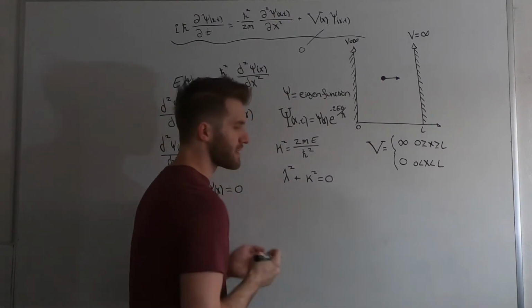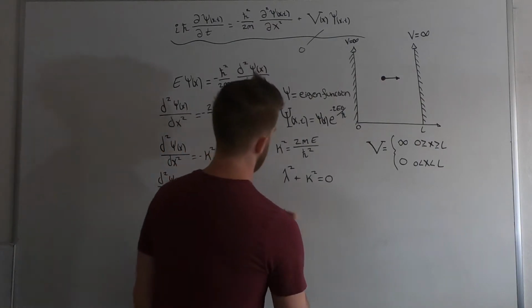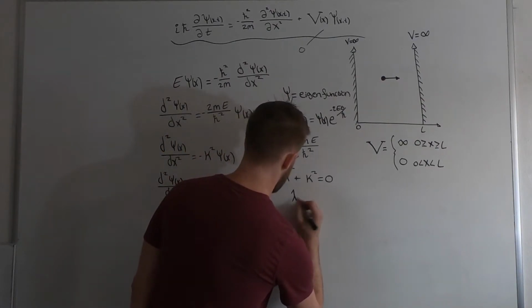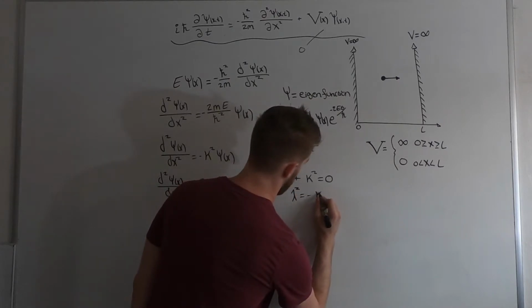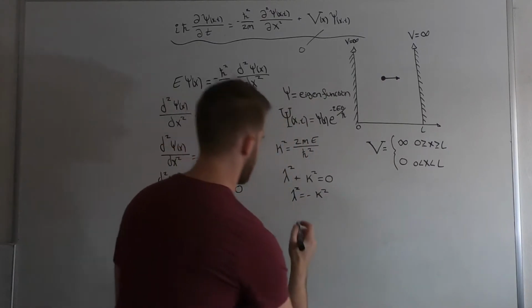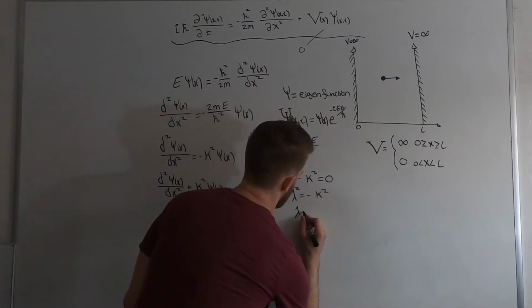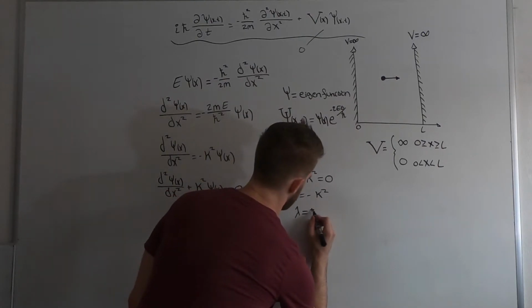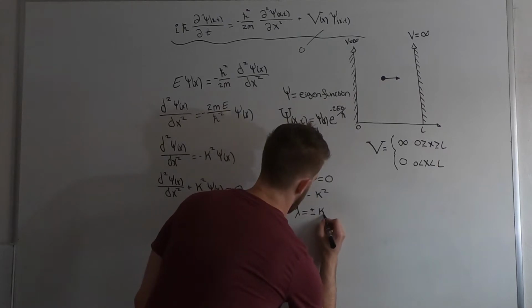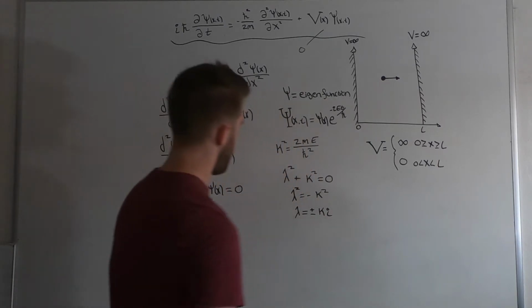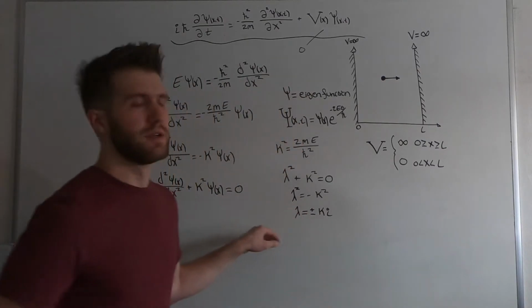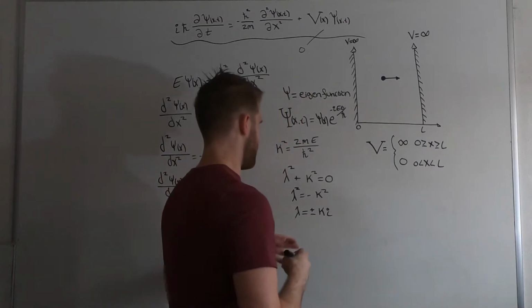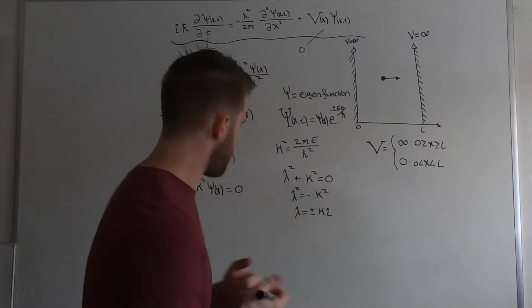We get to deal with the complex numbers. That gives us lambda squared is equal to minus k squared. Working that out, we have lambda equals plus or minus ki. And this is what we're going to be plugging in to our general solution.